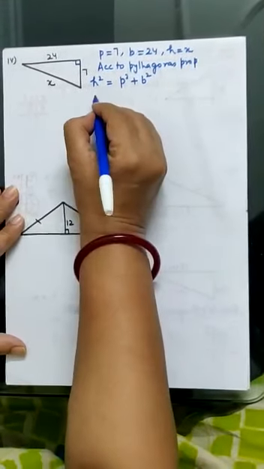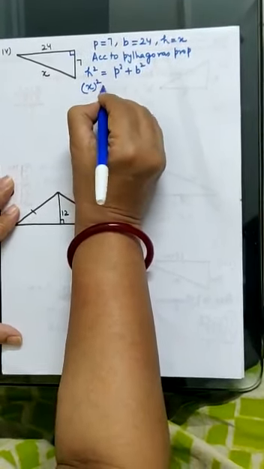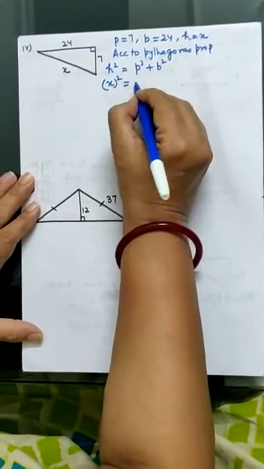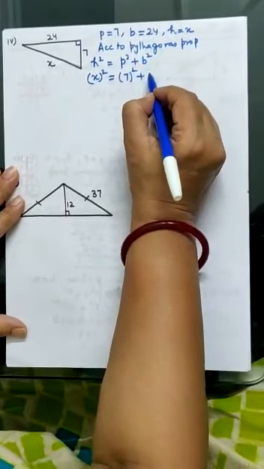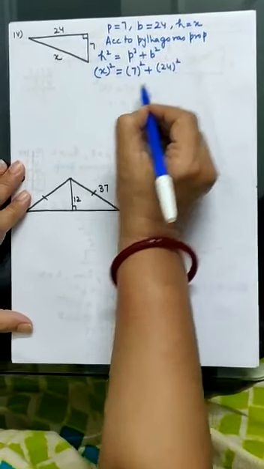Now H is X, so H square will be X square. P is 7, so P square will be 7 square. B is 24, so B square will be 24 square.